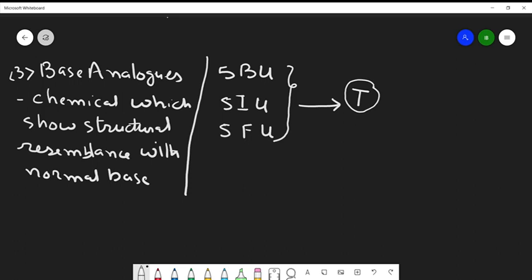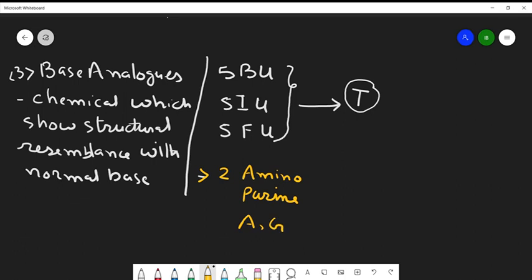Similarly, another example of base analogues is 2-aminopurine. We know purines include adenine and guanine.